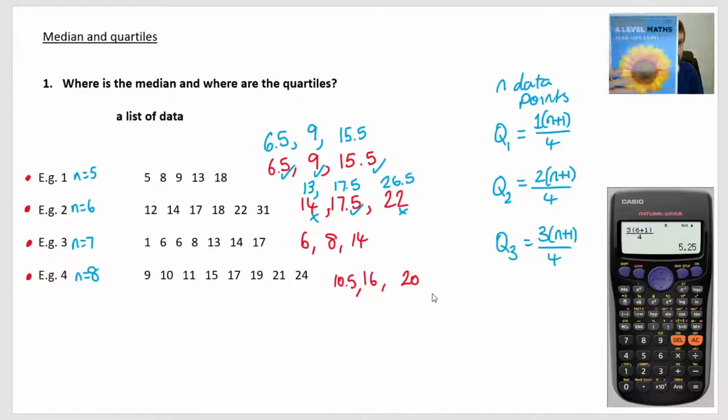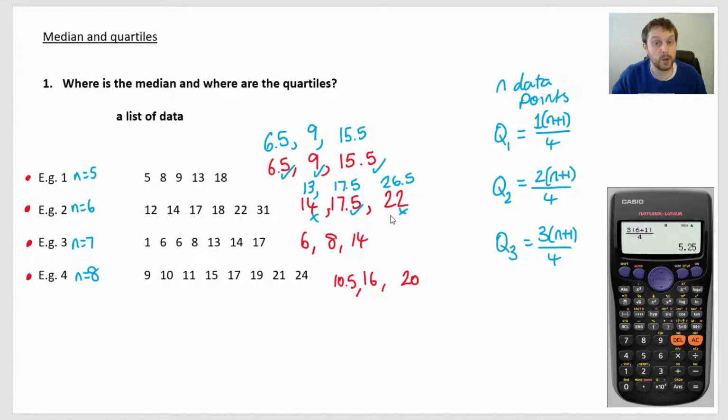If you follow the instructions in this book, and you answer a question like this in the book, and there is a question like this, where n is 2 more than a multiple of 4, the answer at the back would be 13 and 26.5. So to be clear, that's not to say that 14 and 22 are wrong. It's just not the method that the book is using.